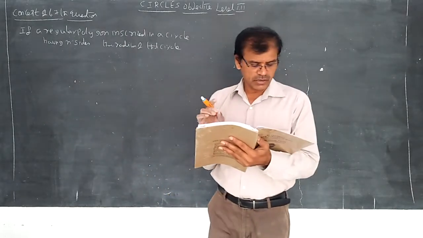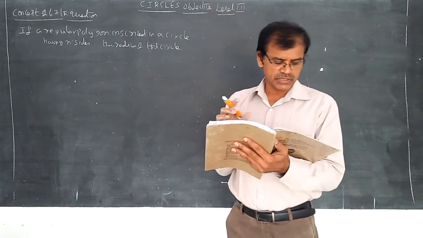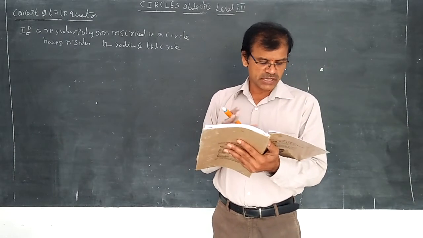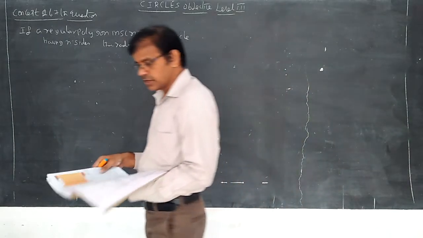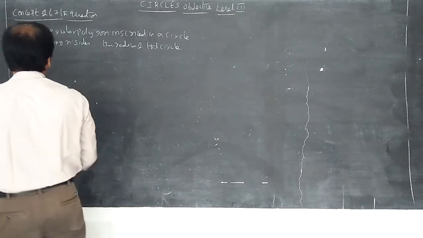A regular polygon of 9 sides is given here, where the length of each side is 2, inscribed in a circle. Then the length of the radius. So here I want to discuss with you.